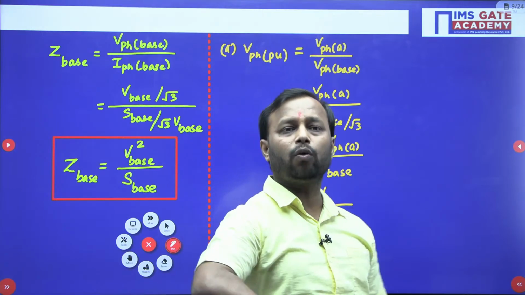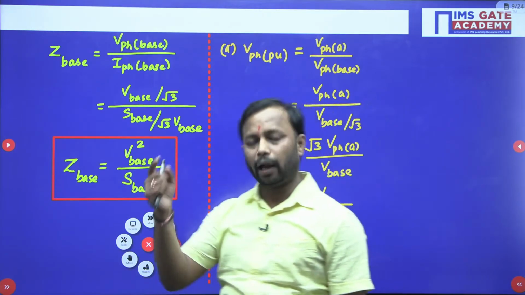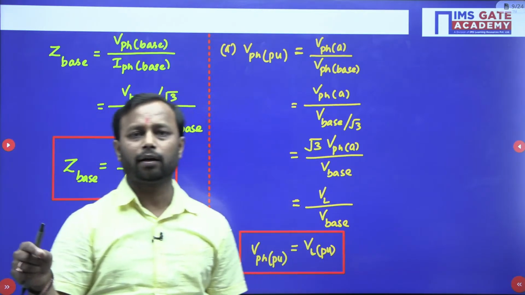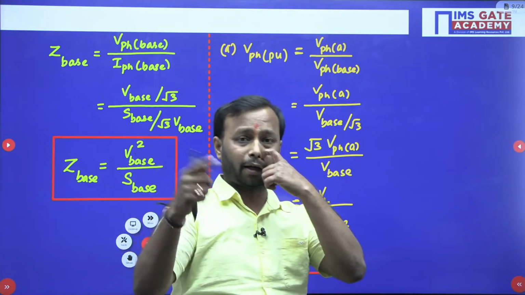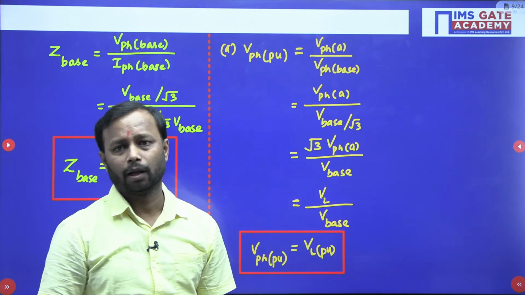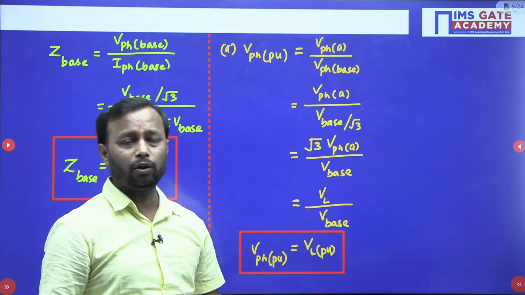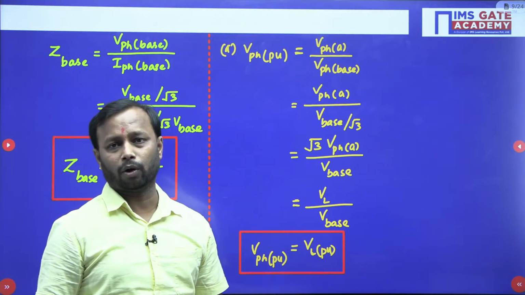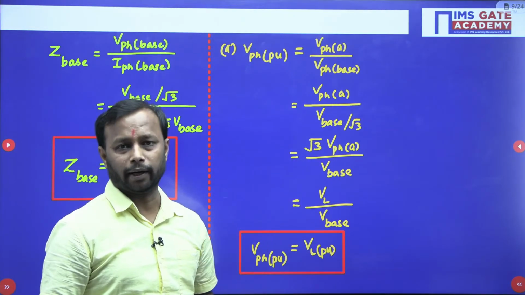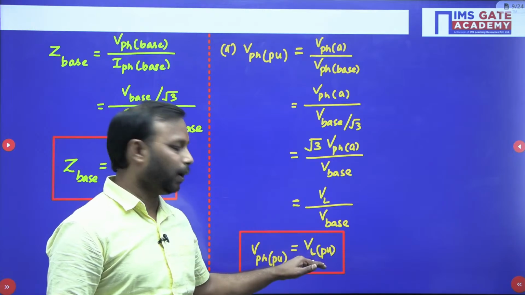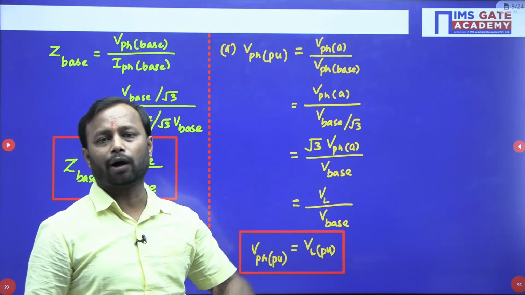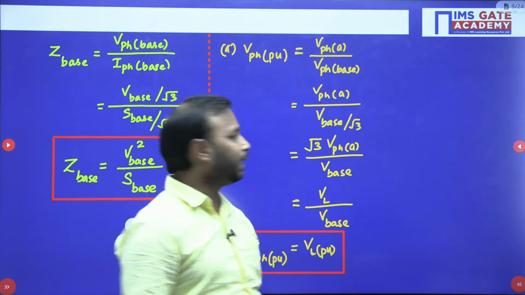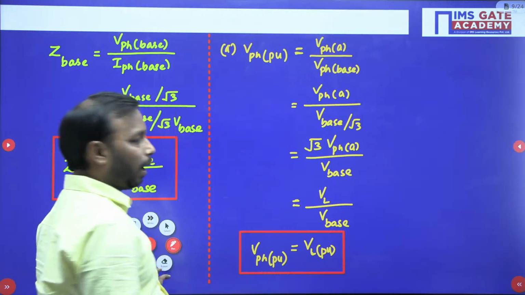If you are not going to convert into per unit, then every time you will have to switch between phase and the line by the factor of root 3 or even 3. But if you are operating with per unit values, then we need not take care of root 3 or 3, because those are going to be eliminated. And also your line per unit and your phase per unit both are going to be equal. Am I clear? Any doubt in this?